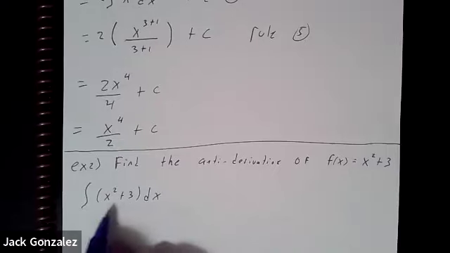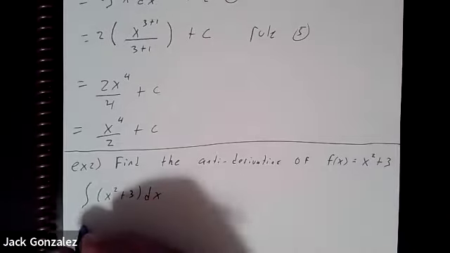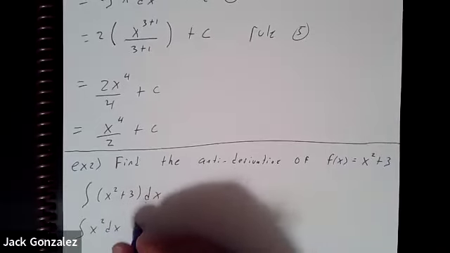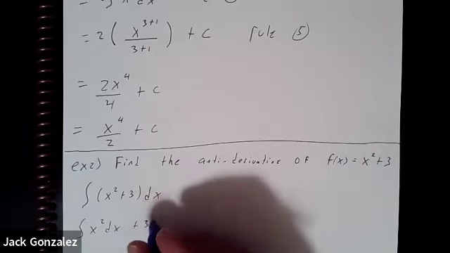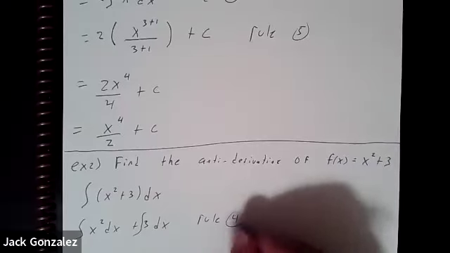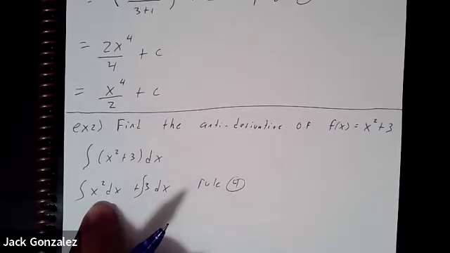So see how we have two terms, right? Yeah, I think we should do them separately. You're right. So separate them and do two integrals or antiderivatives using rule number 4. So what is this going to turn into?